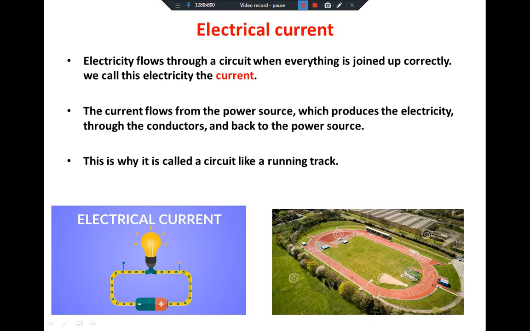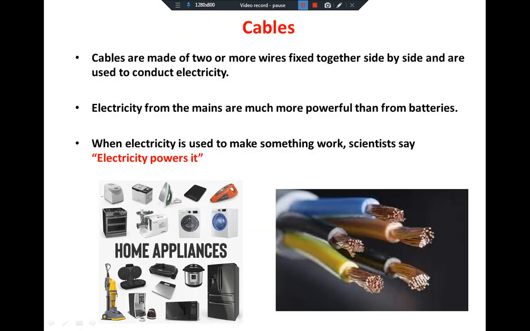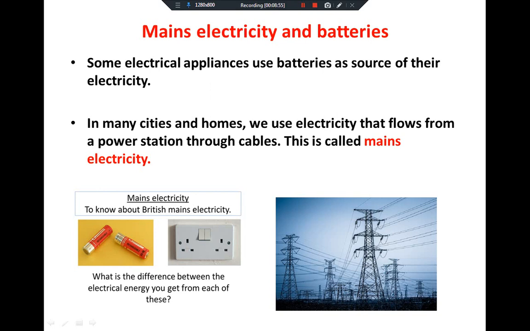So we have a power source, let's say, and from the power source through cables that you can see in this picture, the electricity is sent to our home, because we know that cables are conductors.